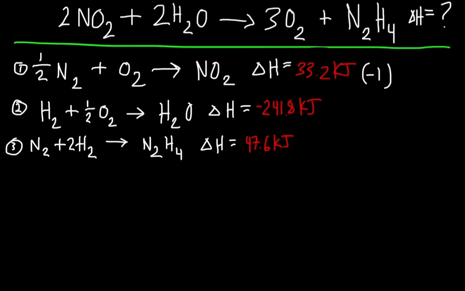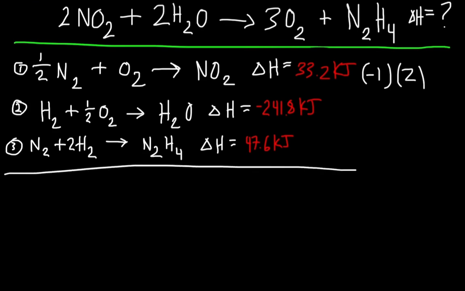And now we have to look for the coefficient. So in reaction 1, the coefficient of NO2 is simply just 1. But however, on the original equation, it's 2. So we have to multiply by 2 to get there. And now we can just write this equation here again. So we have to reverse the equation. So this is the first thing that'll show up.